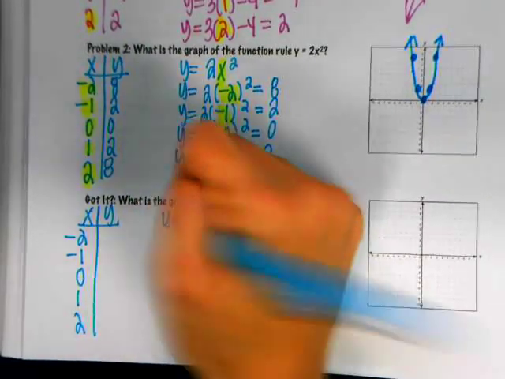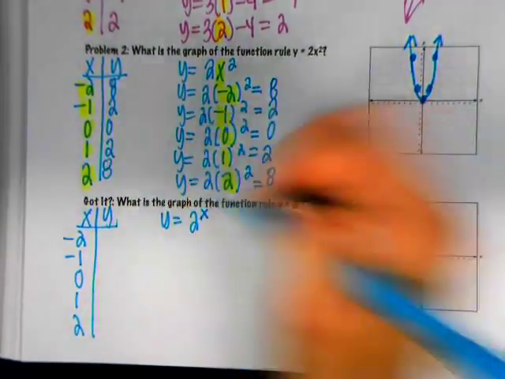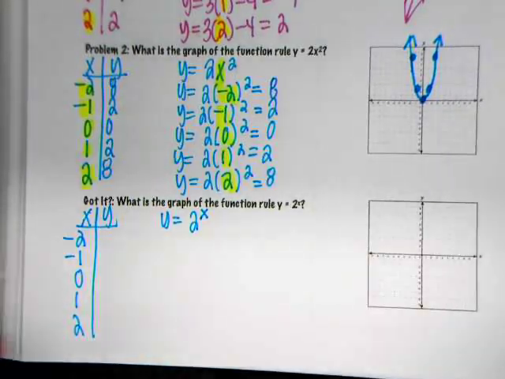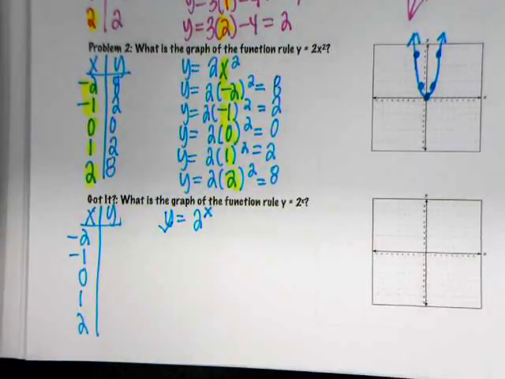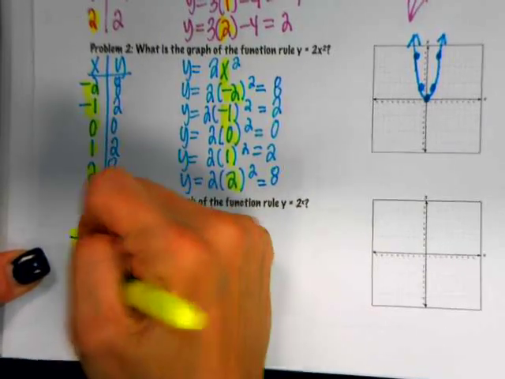So it's y equals 2 to the power of x. So these numbers are going in for that exponent.